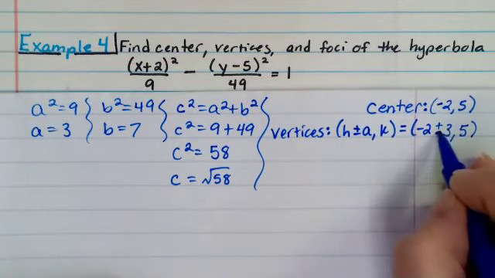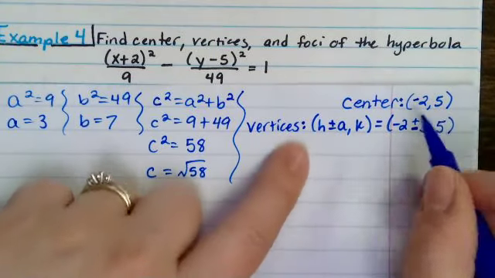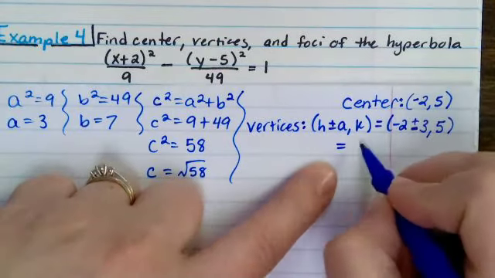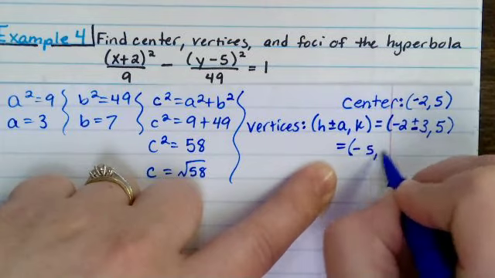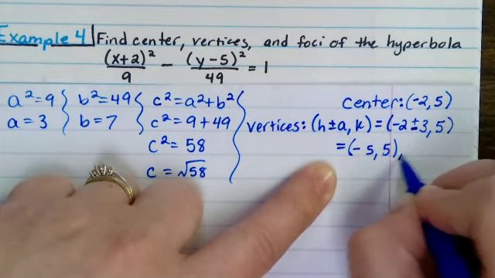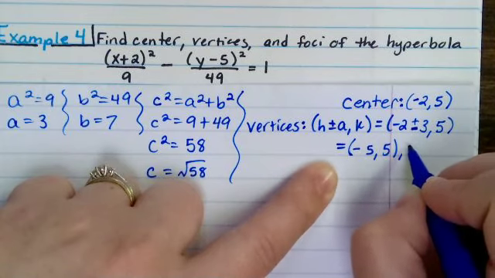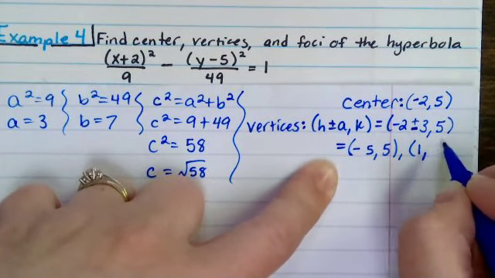I do want us to separate this into two different solid points instead of having the plus or minus because these are rational numbers and we should be able to do that fine. So our points here: -2 minus 3 is -5, 5. And then we also have -2 plus 3, and that's going to be 1, 5.